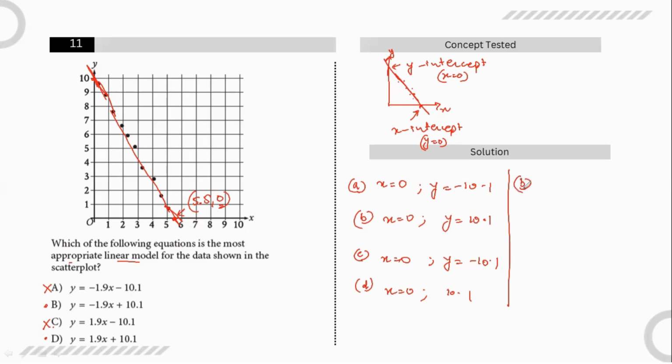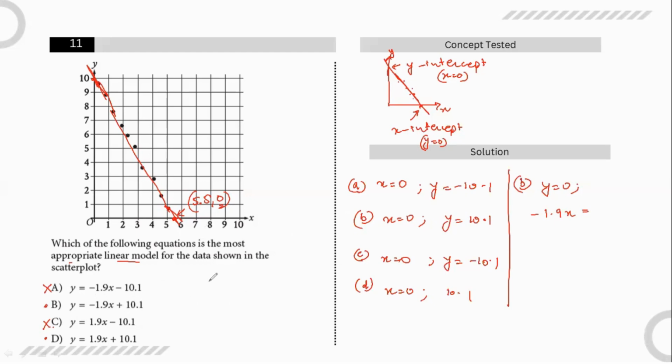So if we substitute x as 0, how much will be y? No, not x as 0, y as 0. Let me change it to y as 0 here. So if y is 0, negative 1.9x is equal to negative 10.1, right?